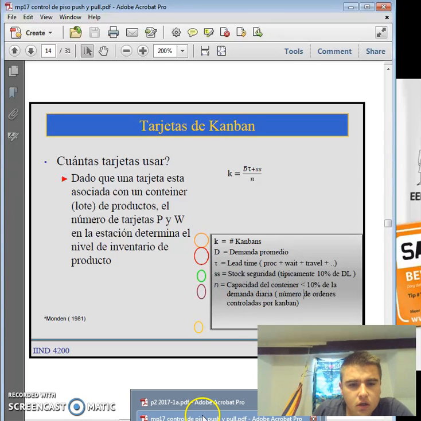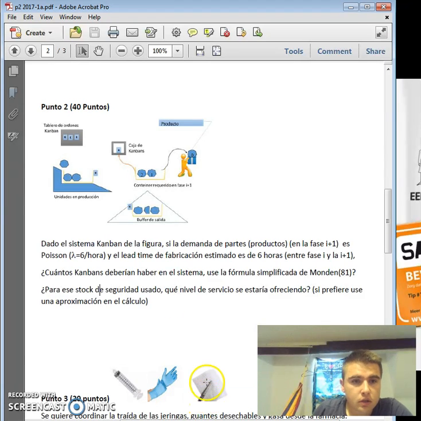And it is still not completely clear to me how to determine the capacity of the container. We could look at the container in phase I+1, which shows it has 3 Kanbans, but is this actually the capacity or not?